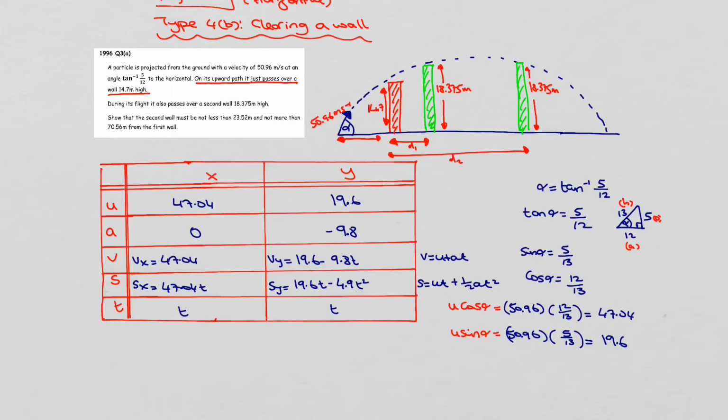In other words, I can get the time at which it's just clearing the wall, so I can work out what S of x is. So we're going to start on the next page by looking at Sy is equal to 14.7 metres, which is just clearing the wall.